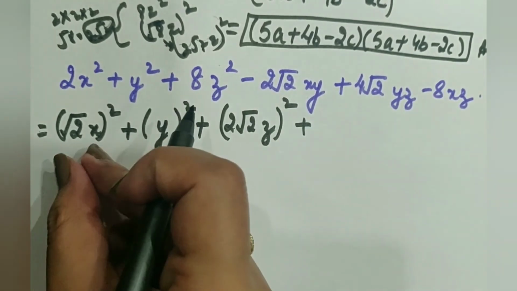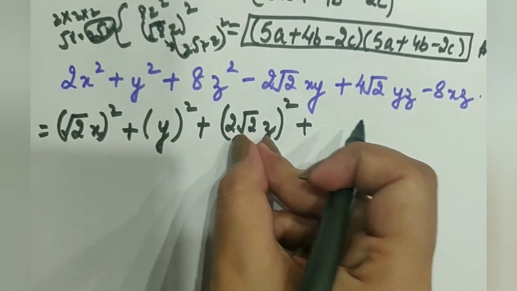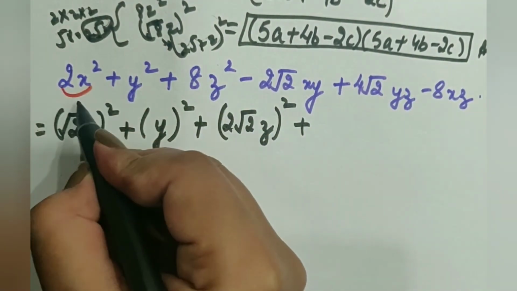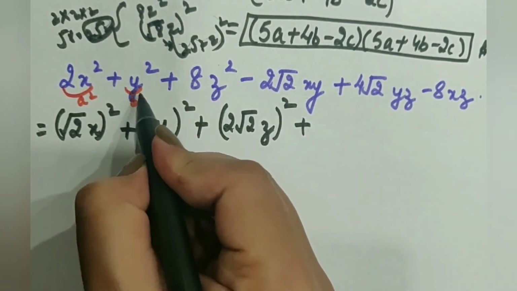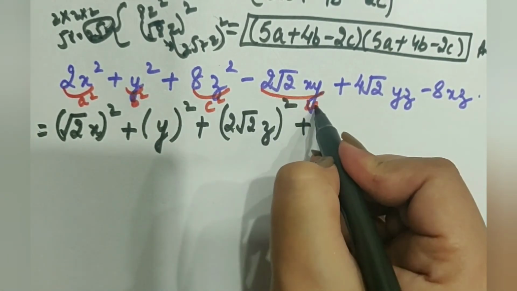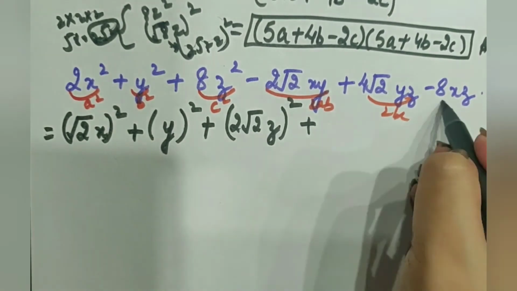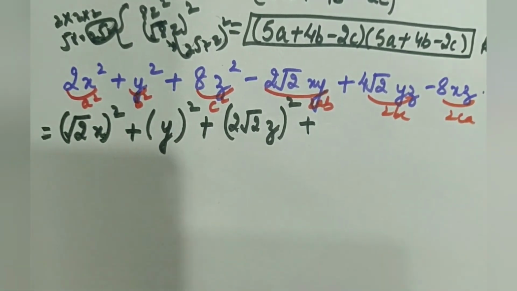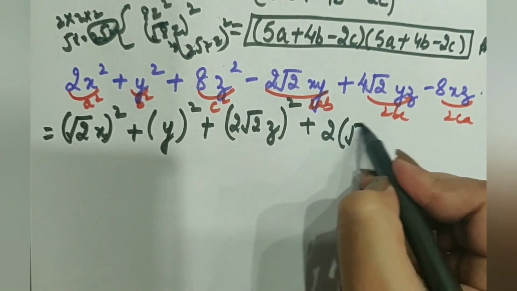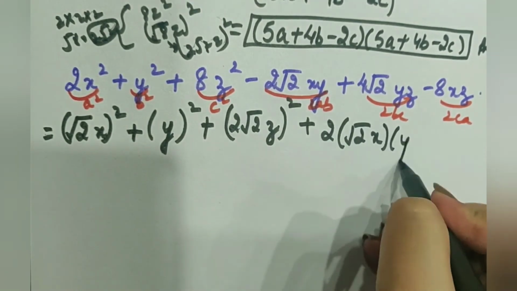Plus, this is the form of a square plus b square plus c square. This should be the form of a square, this should be the form of b square, this should be the form of c square, and then 2ab, 2bc, 2ca. Now here this becomes 2 into ab, that means root 2 x into y.